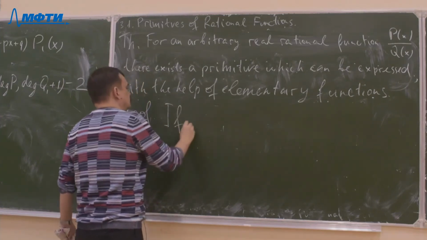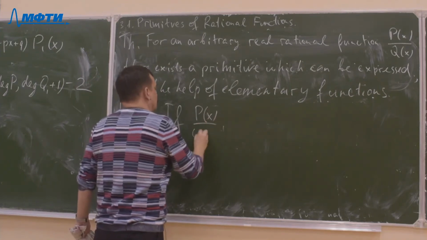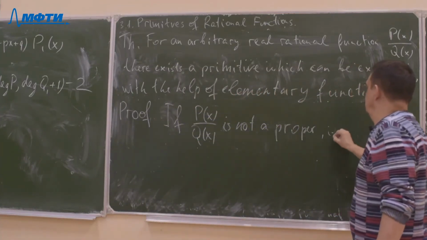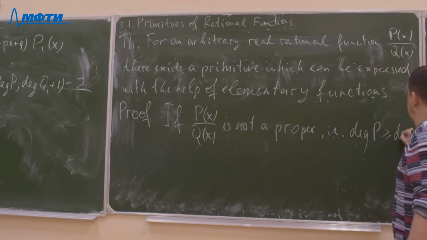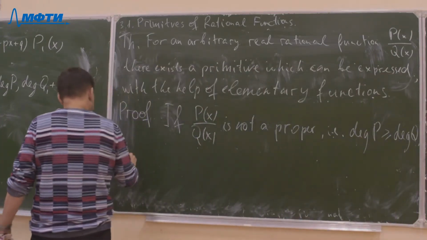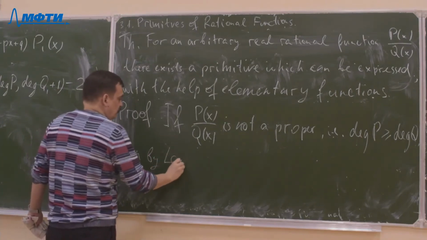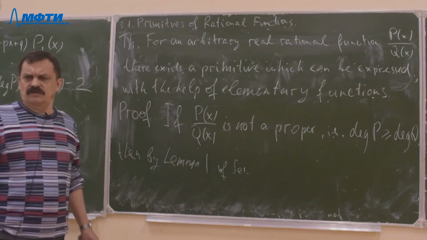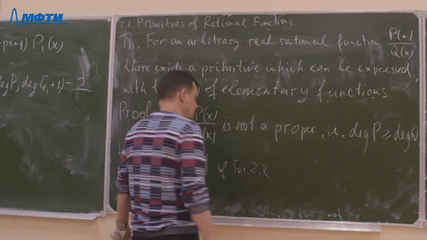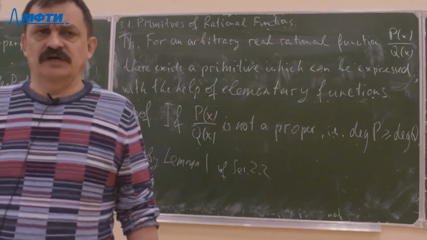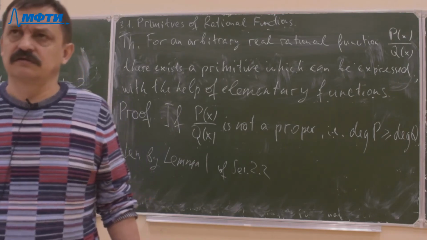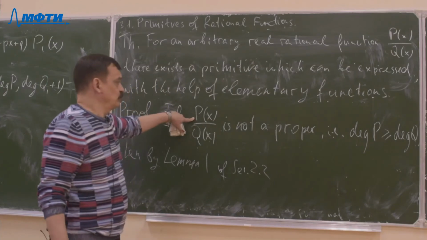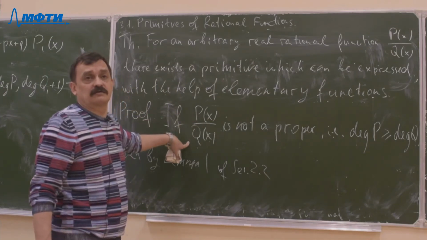If p of x over q of x is not proper, i.e. degree of p is greater or equal than degree of q, then by lemma 1 of section 2.2, the last section of the former lecture, you can divide P over Q.